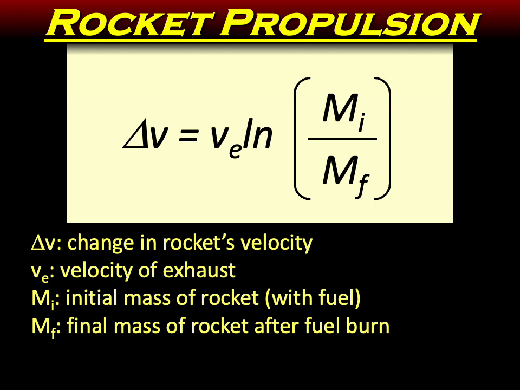But as that mass reduces until it gets to the final mass after you've burned all the fuel, it gets much easier to move. So you've got just the rocket and not the fuel. So again, both those masses are the fuel and the rocket. So big things are hard to move, light things are easier to move. This is just in case some of you might be interested.